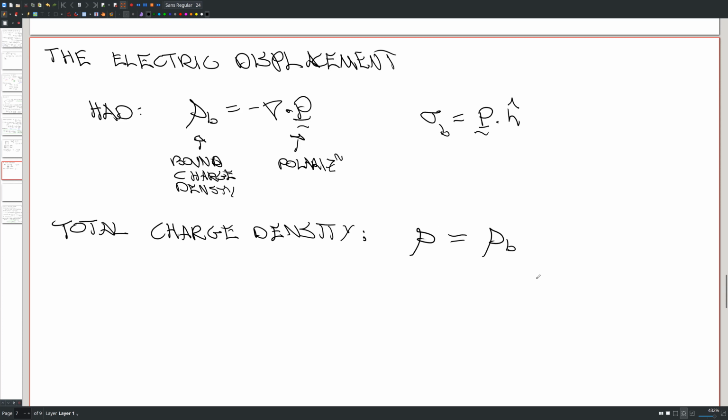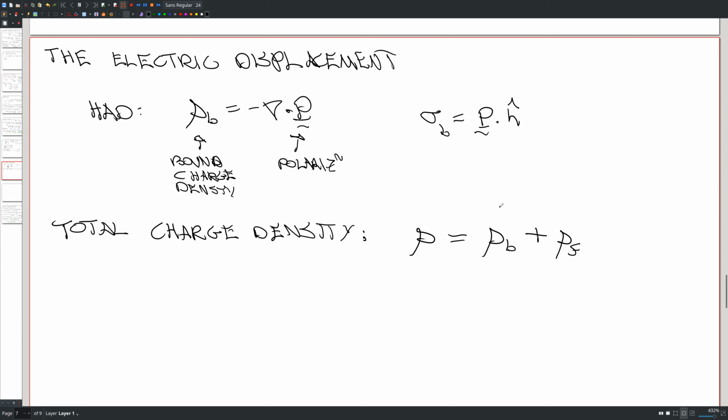I've got chunks of matter in an environment and they polarize a little bit, and I've just learned how to associate that to a residual bound charge density in here. Then you say, okay, fine, that's what I have. But I could also just come and paste electrical charge onto this additionally to these bound charges. And these are going to be called the free contributions to the charge density.